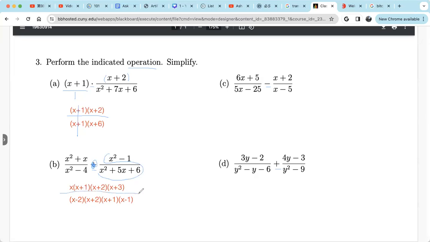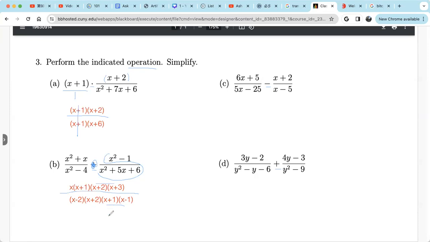Right, it was division before, we changed to multiplication, then we flip the numerator and denominator. The numerator becomes the denominator, and the denominator becomes the numerator.